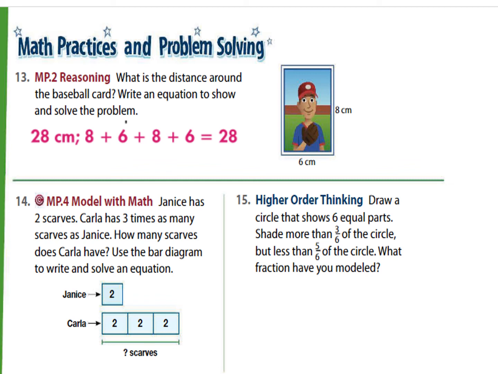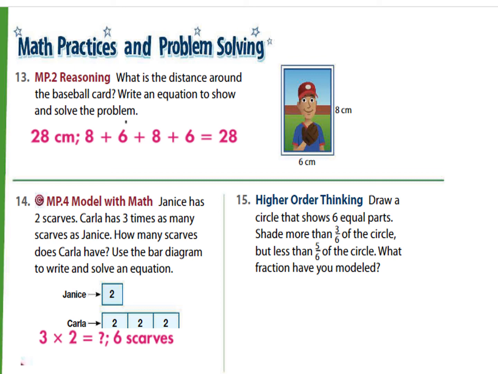Look at Carla, and you will find that we have 3 times 2. Can you tell me 3 times 2 equals what? Amazing. 3 times 2 equals 6 scarves. So Carla has 6 scarves.